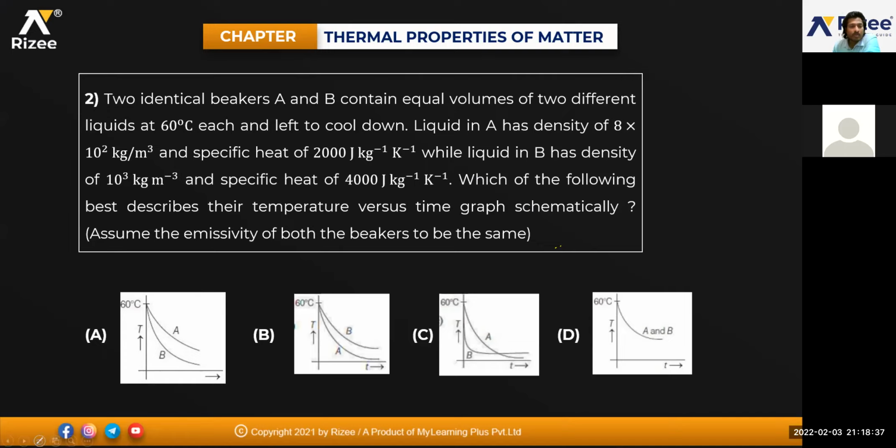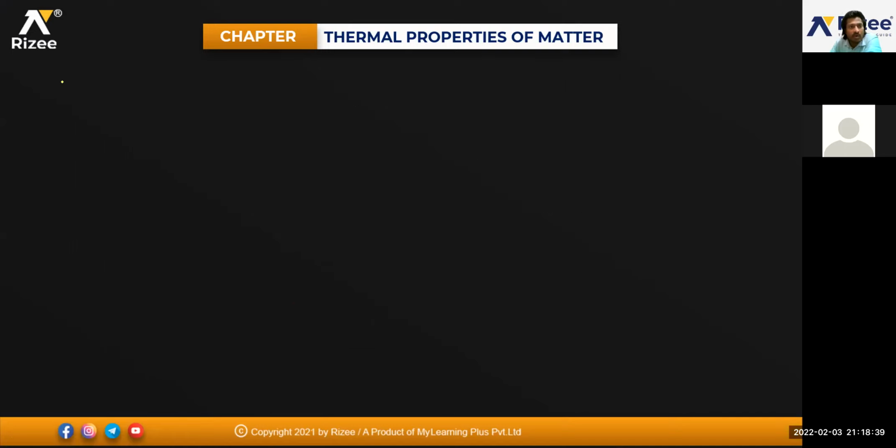See, what is our formula, beta, for the rate of cooling? dQ by dt is equal to, in terms of temperature, thermal conductivity K divided by mass into specific heat into (T minus T naught).